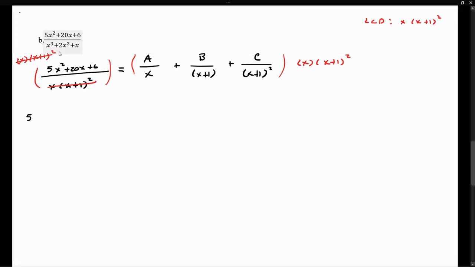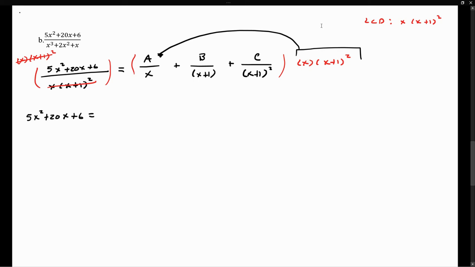So what I'm going to have left is 5x squared plus 20x plus 6 equals, and again, remember that we're multiplying this whole expression. So if we multiply it to the first term, this x is going to cancel out with this x.